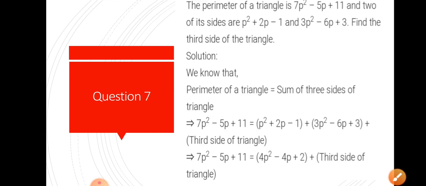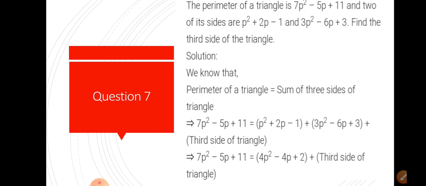Next question: the perimeter of a triangle is 7p² − 5p + 11, and two sides are p² + 2p − 1 and 3p² − 6p + 3. We know that the perimeter of a triangle is the sum of three sides. Two sides are given, we have to take out the third side. So we add the two given sides and subtract from the perimeter.